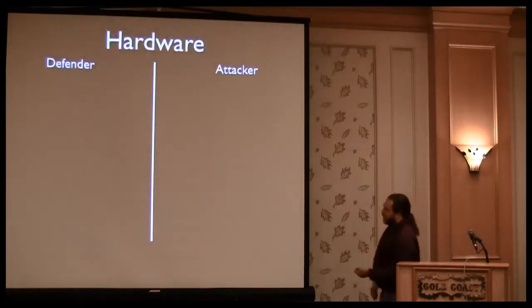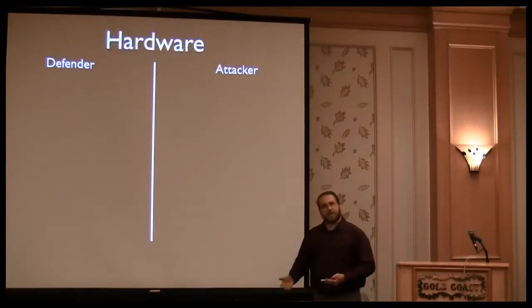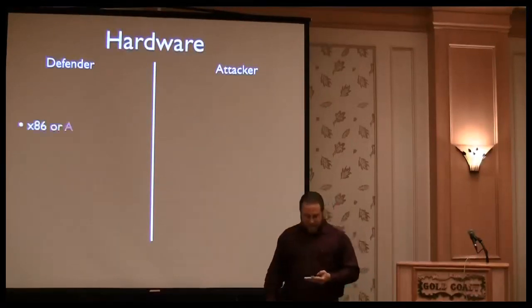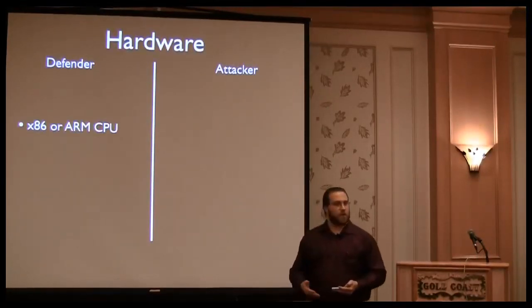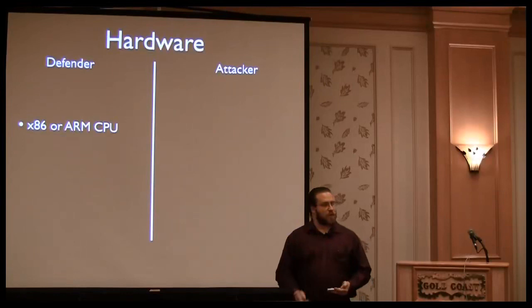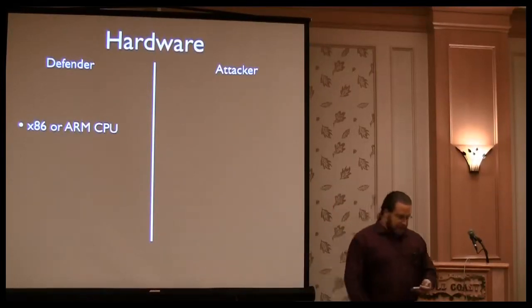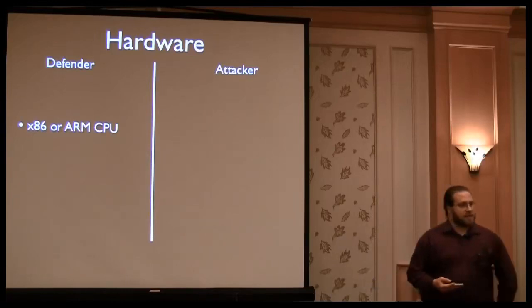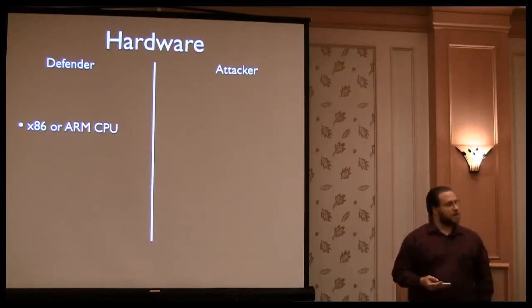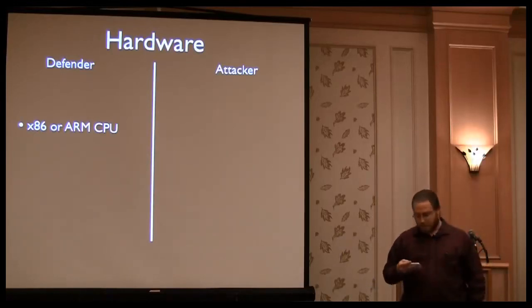The first thing that really matters is hardware. Typically the defender, whoever your web server or corporate authentication server or whatever else, is typically running some sort of x86 or possibly ARM CPU, depending on the data center.